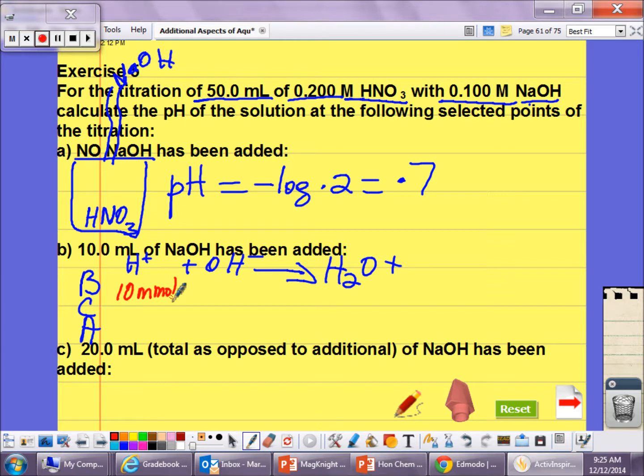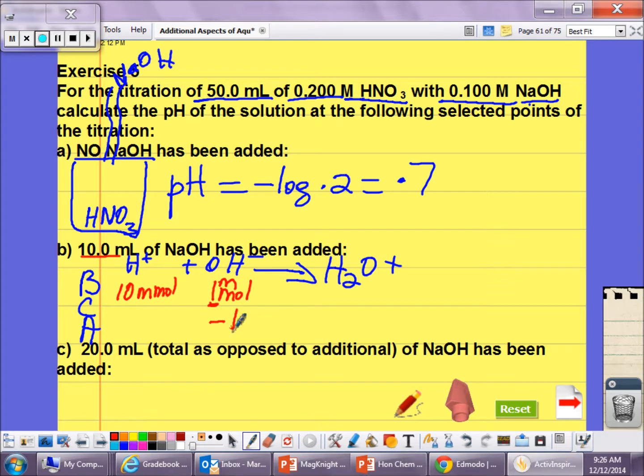Plus, how many moles of OH minus did I add? It is 10 milliliters times 0.1, which gives me 1 millimole. What would happen with the change? This is my limiting reactant. That 1 millimole is going to react, so I put minus 1.